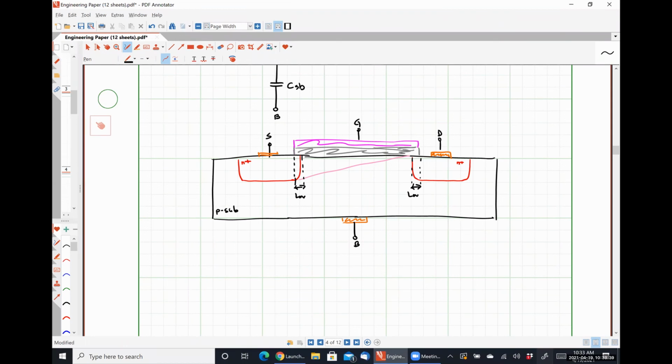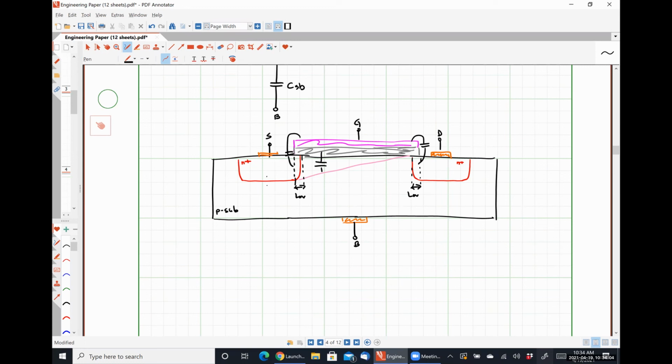So we are going to see a capacitance between our gate and our channel. We are going to see a capacitance between our gate and our source where there's that little bit of overlap. We're going to see a capacitance between our gate and our drain where there's that overlap.